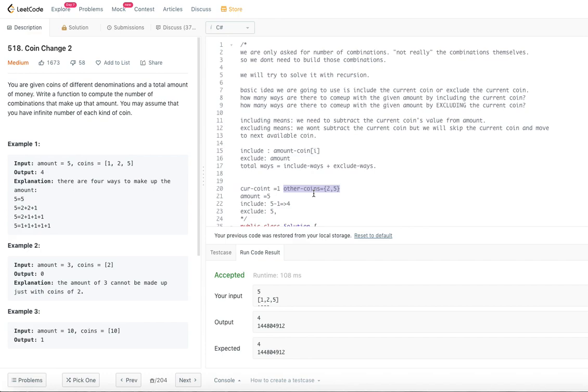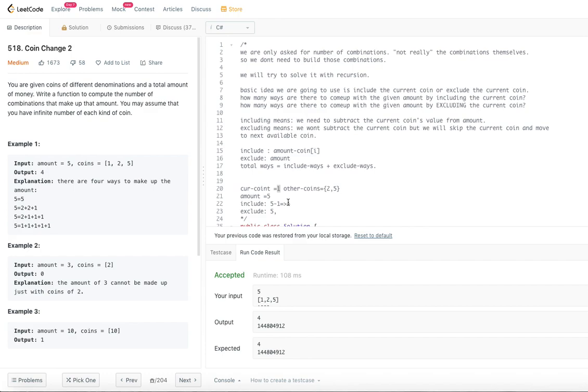So instead of saying the current coin is equal to 1, 2 or whatsoever, since this is given as an array, what we are going to do is, instead of going with a number like 1, we will pass the index in the coins array. For a given coins array, the index starts from 0, right?